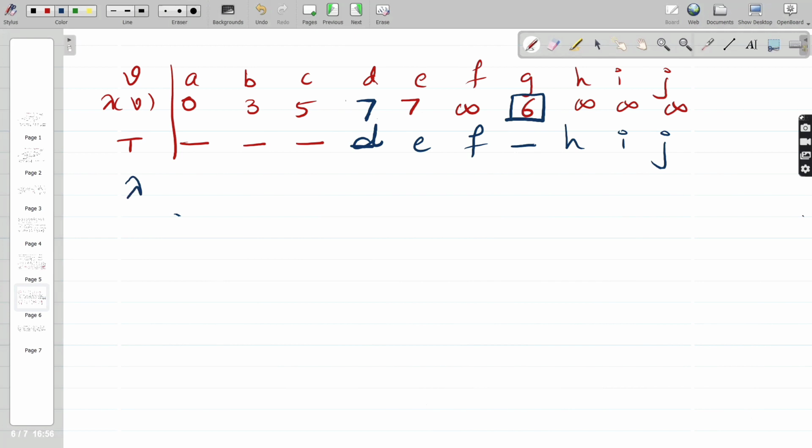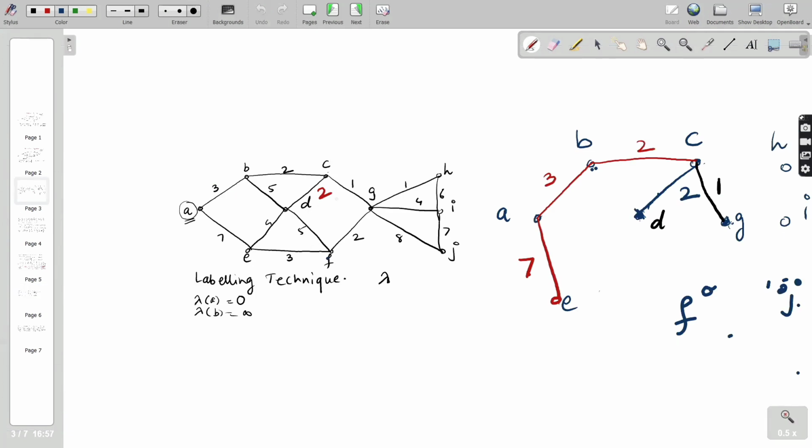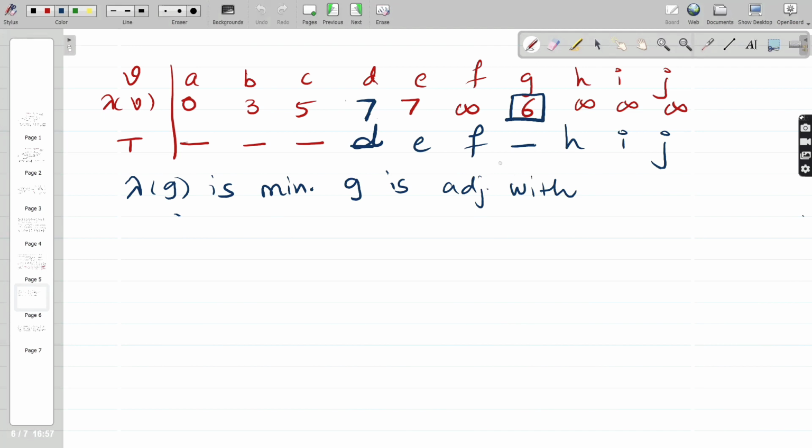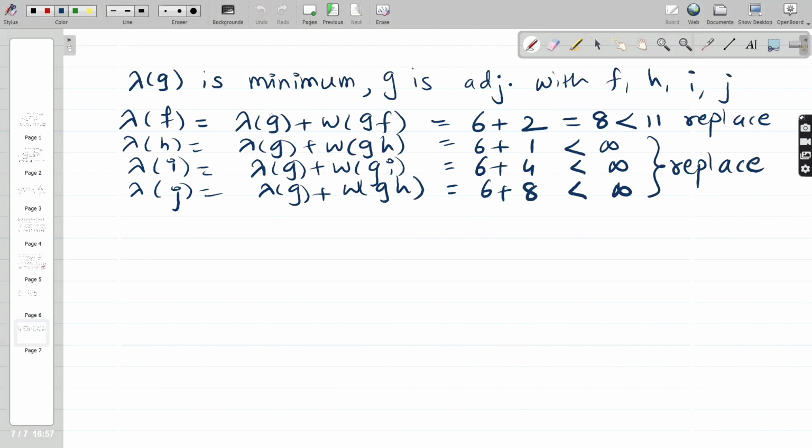So lambda G is minimum, and G is adjacent with which vertices, that we want to see. G is adjacent with F, H, I, J. So we have to erase all this.